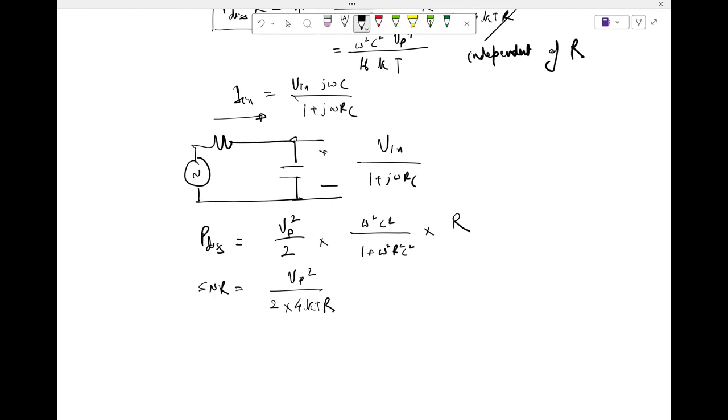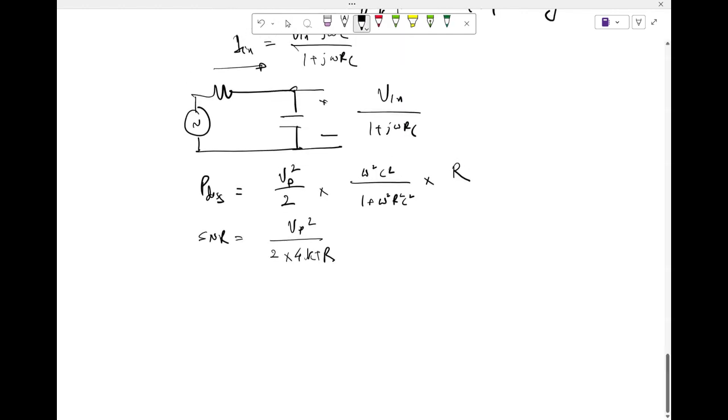So intuitively, what it appears to us is if I reduce R, I should be having more power dissipation, right? But that's not what we are observing here. There is some issue. So if I do power dissipation, P dis by SNR, or SNR by P dissipation.